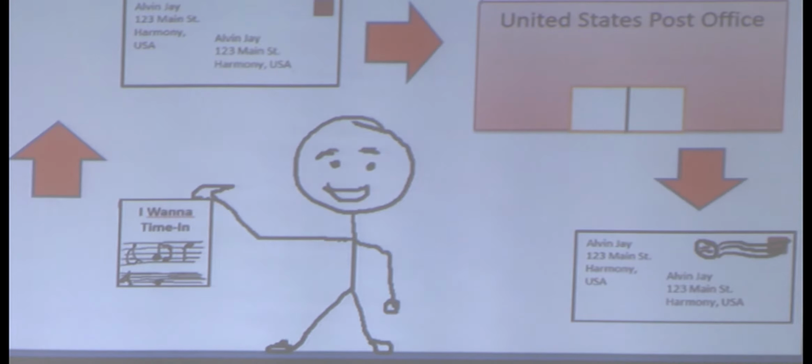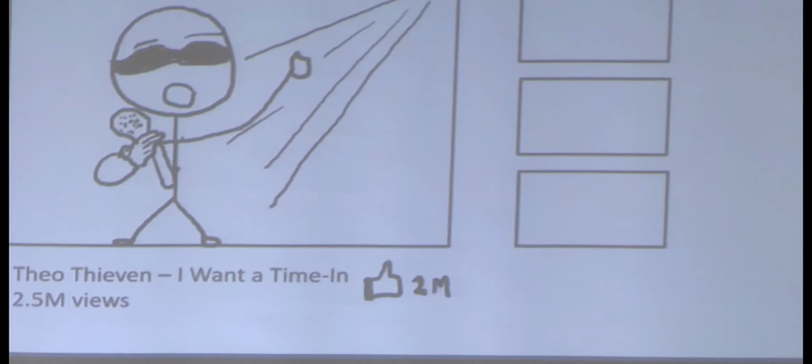He now feels comfortable publishing the song on CD Baby for sale, and also uploading a video of a performance to YouTube. 4 months after posting his song on CD Baby and YouTube, Alvin notices another YouTube video getting a lot of views called I Want a Time In, with the same lyrics and music as his song.